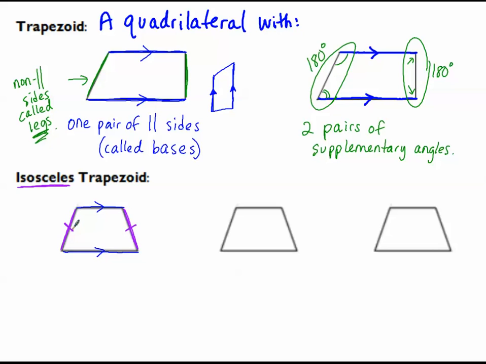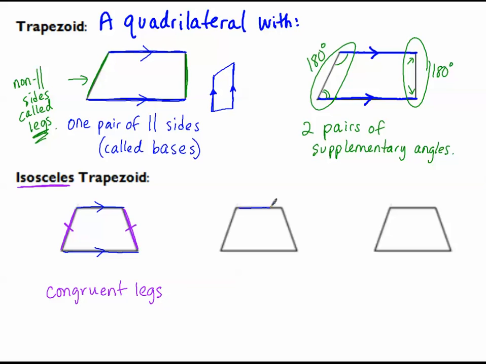So in an isosceles trapezoid, there are congruent legs. So first of all, obviously it's a type of trapezoid, so we don't need to write that it's a trapezoid. Know that all of the properties for trapezoid are true for an isosceles trapezoid, but know that in addition, the legs are congruent.